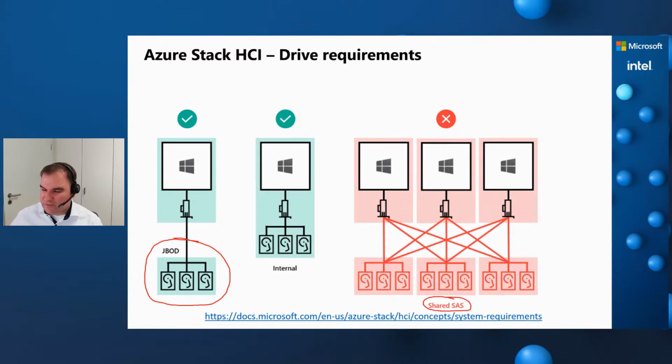Why is this information important? In Windows Server 2012 and 2012 R2, we had a technology, it was called in those days scale-out file server cluster with shared SAS JBODs. And this was exactly the architecture we have on the right-hand side. This is not supported in combination with Storage Spaces Direct.